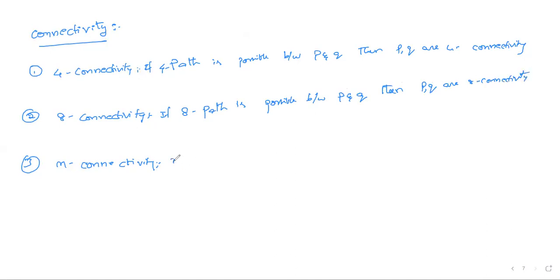Okay. If M path is possible between P and Q, then P comma Q are M connectivity. Okay.